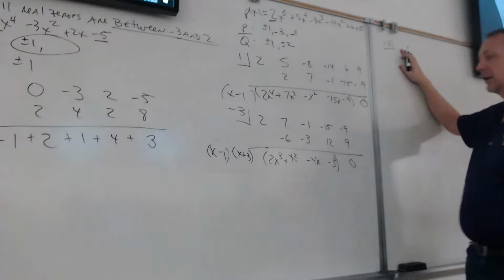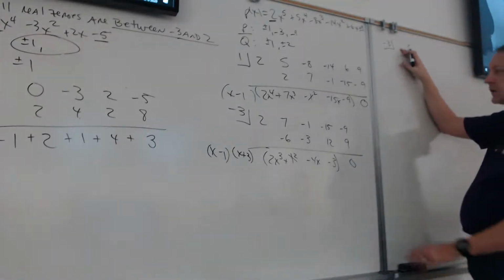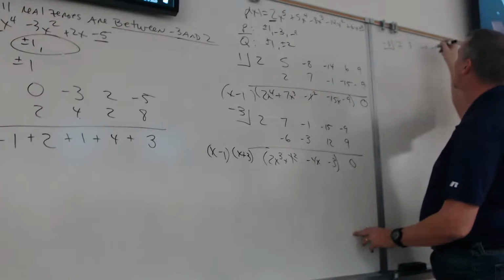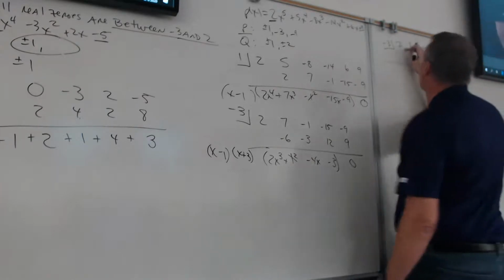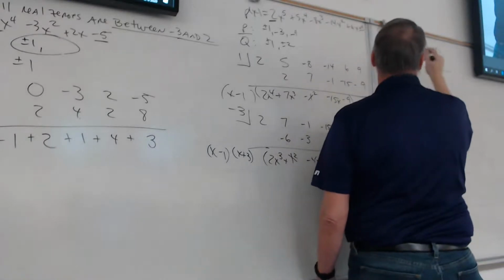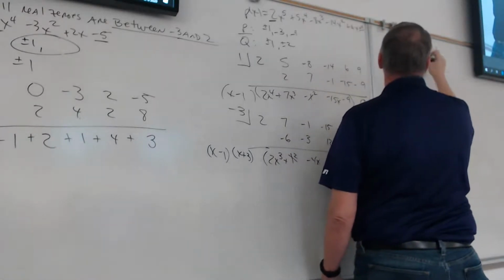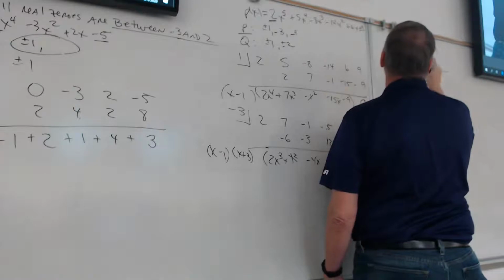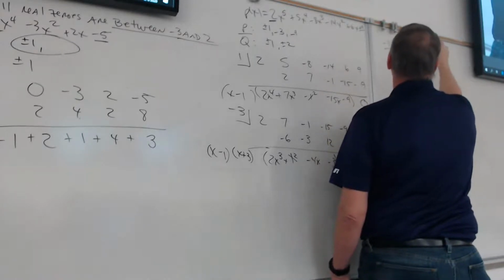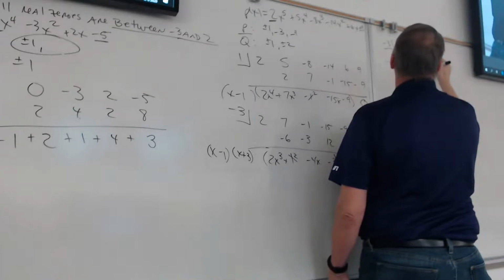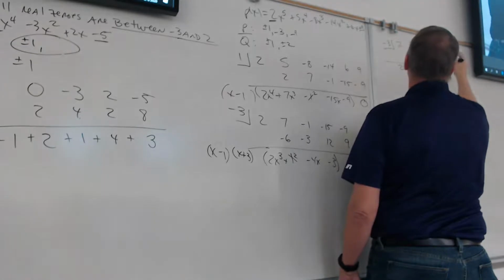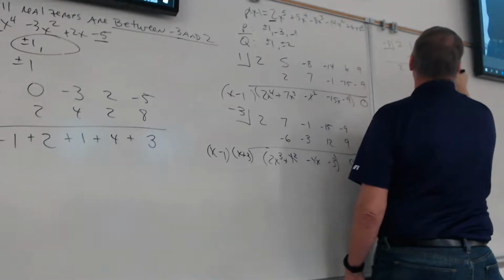And what do I write here? 2, 1, -4, -3. Okay, 2 and 0. 2 times -3, -6, 1 minus 6, -5, -5 times -3, 15 minus 4, 11 times -3, -33, and that's going to be -36.